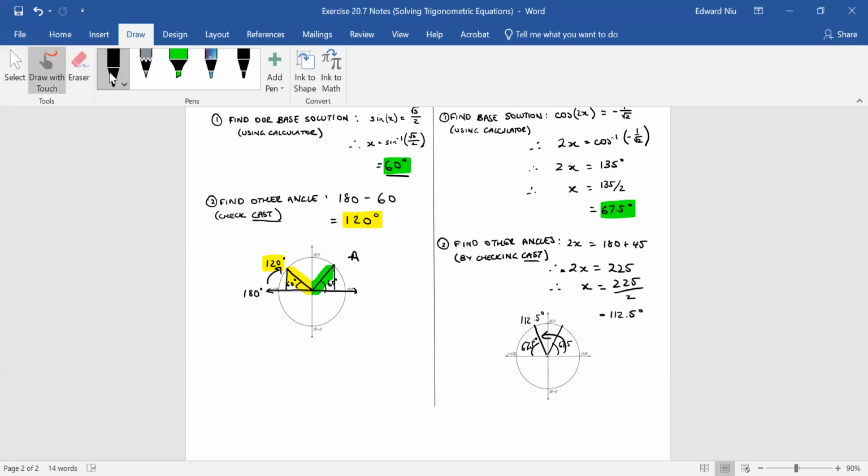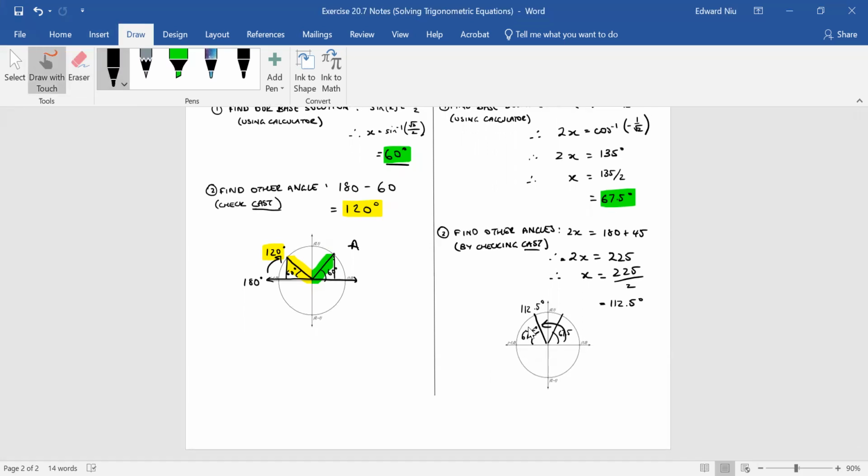Not to scale. How do we get another one of these sort of situations? Well, what we do is we add the period. So step 3 of, I guess, solving it algebraically: find remaining angles by adding the period.